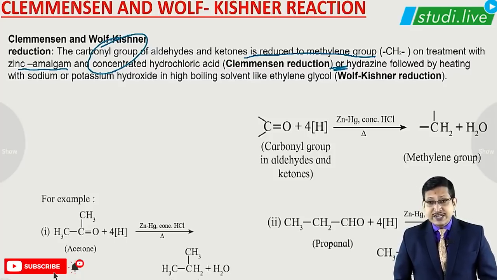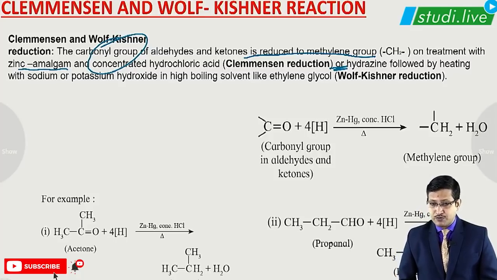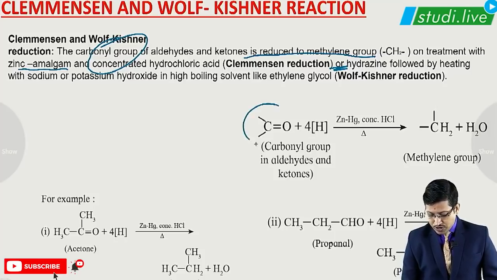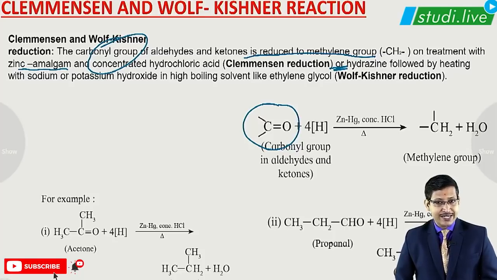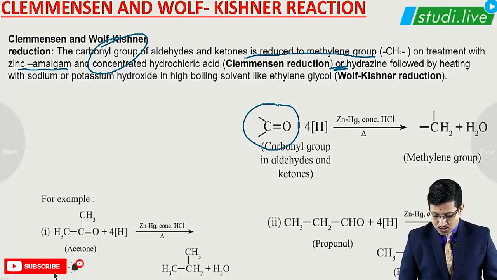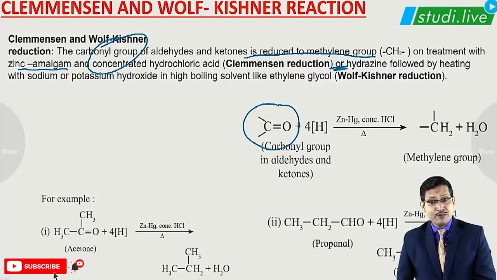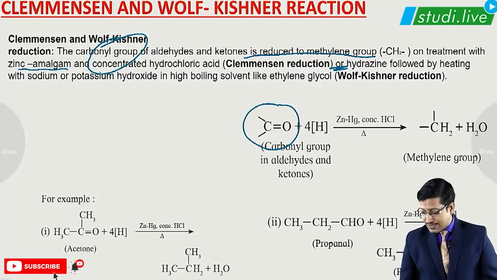So let's begin with the reaction. Quite interesting, quite important. Now this is your carbonyl group plus 4H. Out of those 4H, 2 hydrogen atoms combine with carbon, and the remaining 2 hydrogen atoms combine with oxygen, and that gives you the formation of a water molecule.